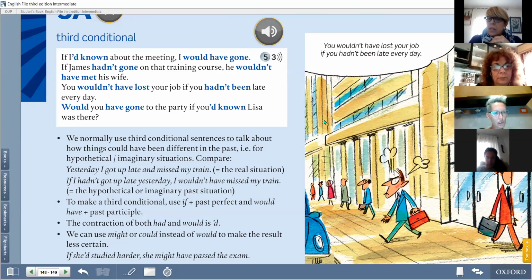Okay, Myla and Anna, could you please read the rules? We normally use the third conditional to talk about how things could have been different in the past, for example, for hypothetical imaginary situations.